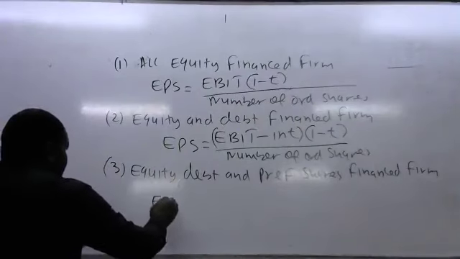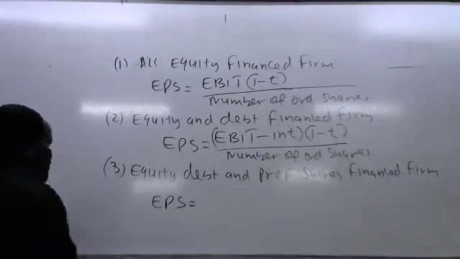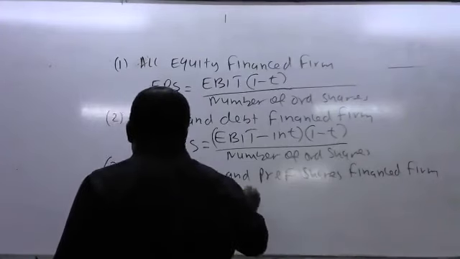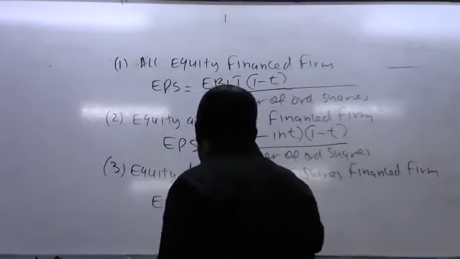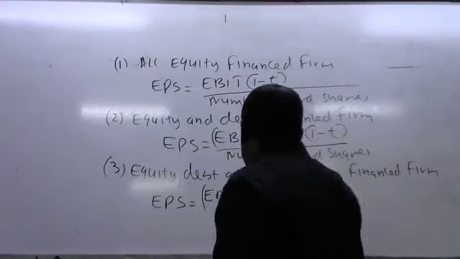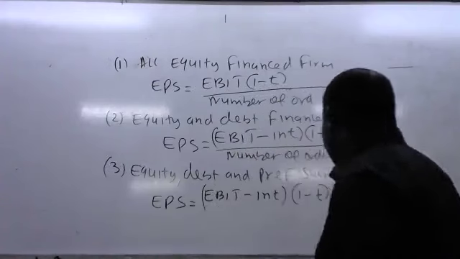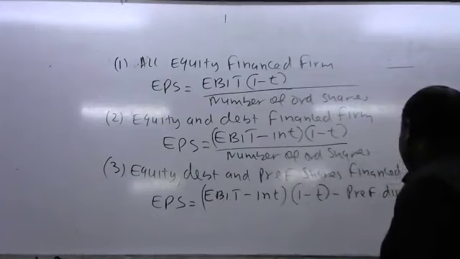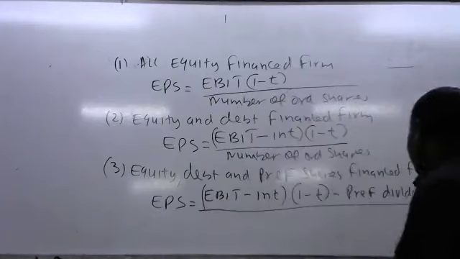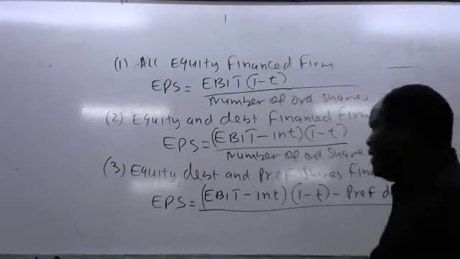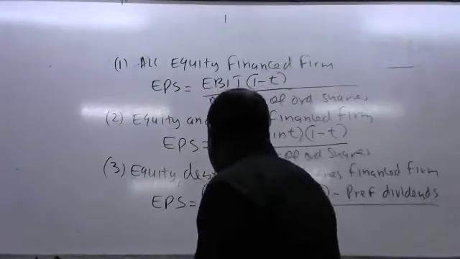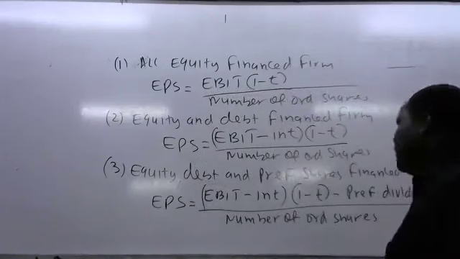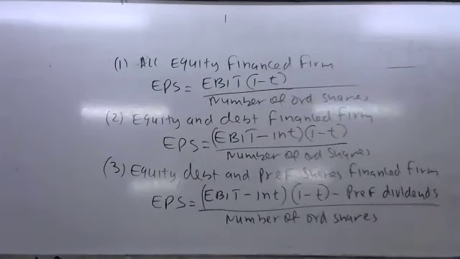So earnings per share for that option will be earnings before interest and tax, we subtract interest, then 1 minus the corporate tax. Then we minus the preference dividends. Then we shall be able to divide by the number of ordinary shares.